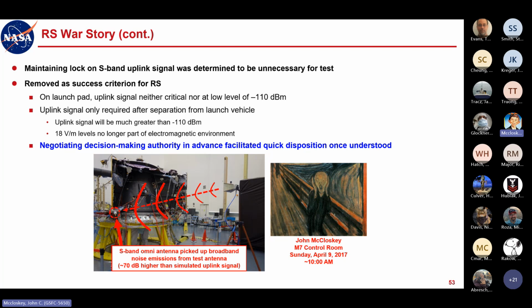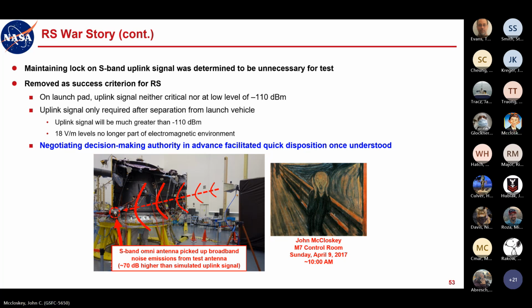I said, please just give me that authority so that we can keep the test moving if something like this happens. And I said, rest assured, if something is above my pay grade, I will let you know. And also rest assured that after we made the decision to keep moving with this test, I was on the phone with my management to tell them exactly what happened.